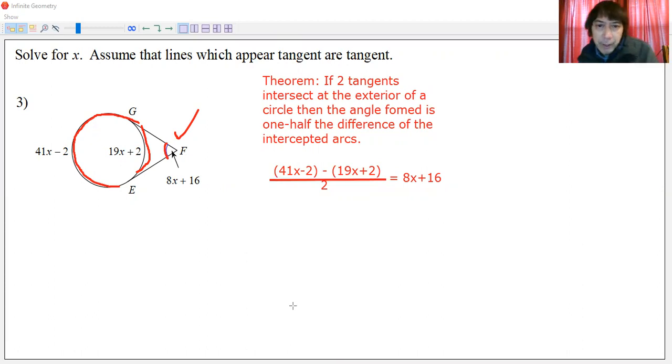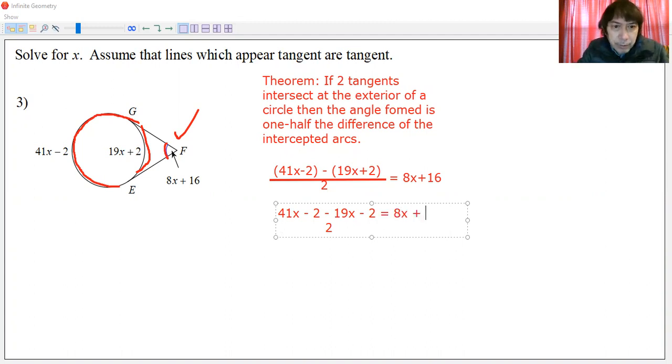Solve for x here. Let us see how we can simplify it first. Removing the parentheses, it will be 41x minus 2, we have a minus 19x, and that becomes a minus 2 there. And this will still be divided by 2, and this will still be equal to 8x plus 16. The divide symbol will still be over there.